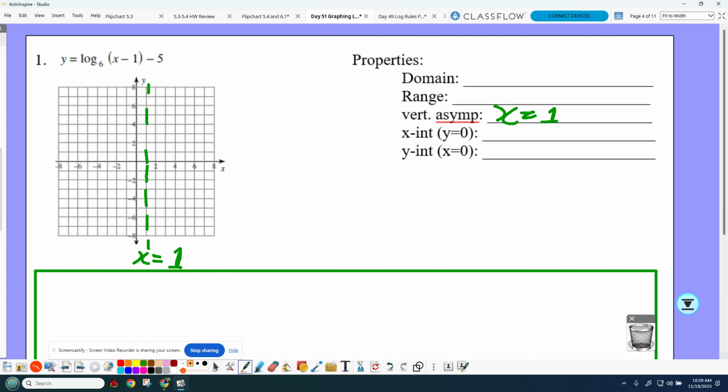Cameron, can you dash in where the x-axis would have gotten moved to? It's not an asymptote, but just where would it be?